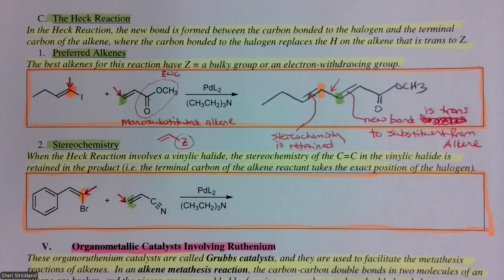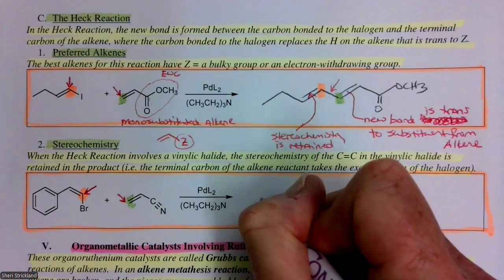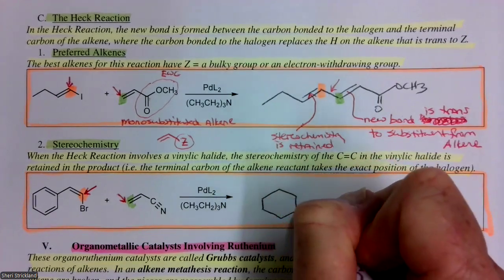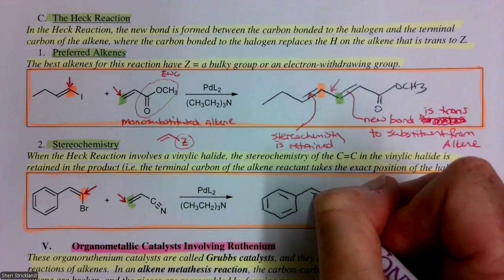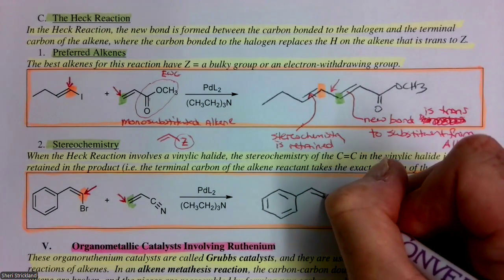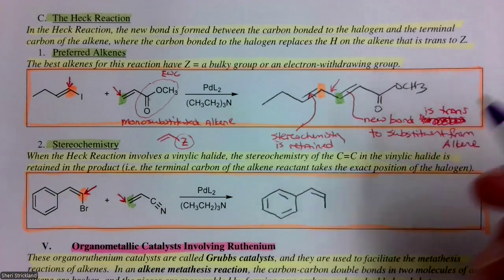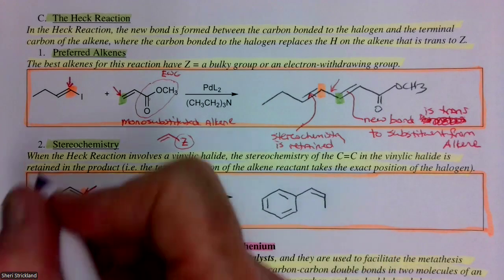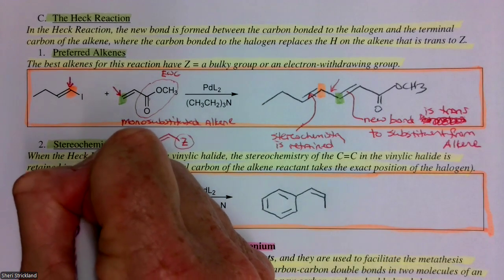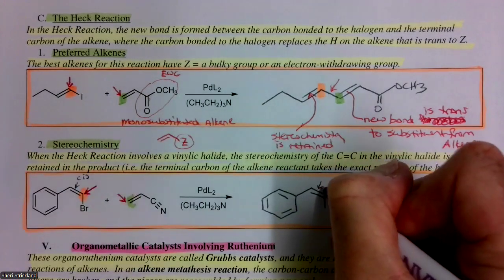All right, welcome back. So I'm going to start with the alkyl halide because I know that this new bond is going to take the place of the bromine exactly. So if this is cis, that's going to be cis, right? This is, and this is cis.